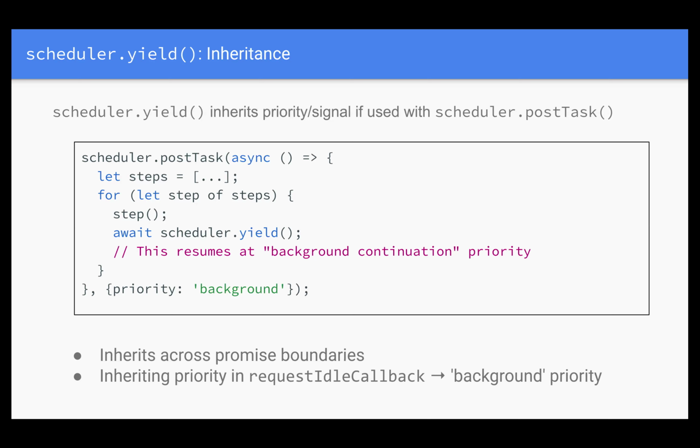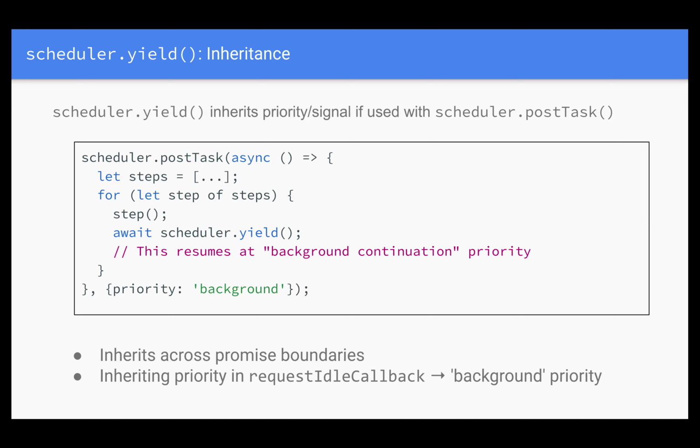You have this example of a bunch of steps. For each step, we're going to run it, and then we're going to await yield. So the question is, what happens when it resumes? How do we treat that continuation? For postTask that has a priority, we use that to make the decision for scheduling the continuation.